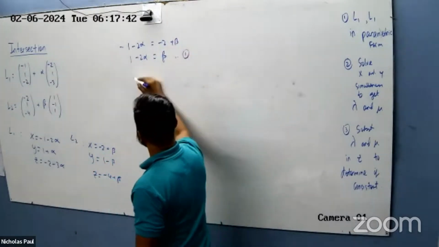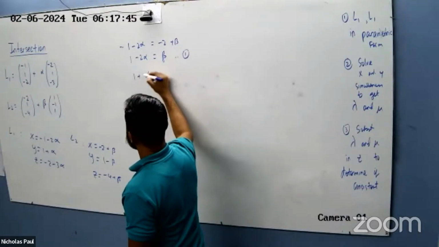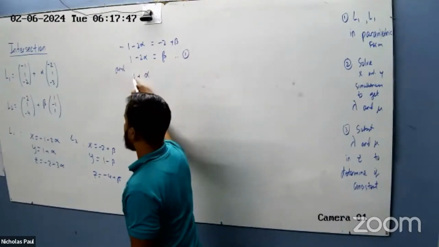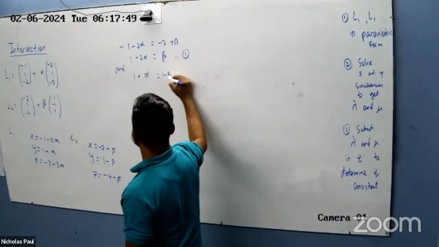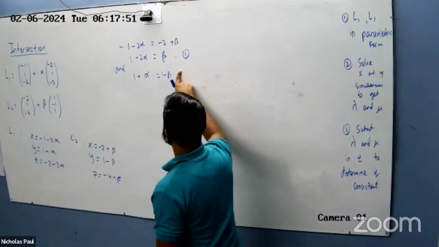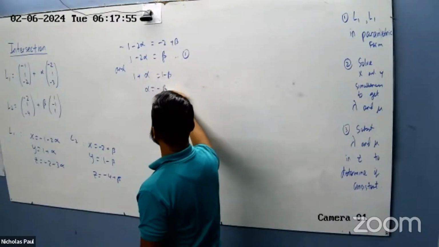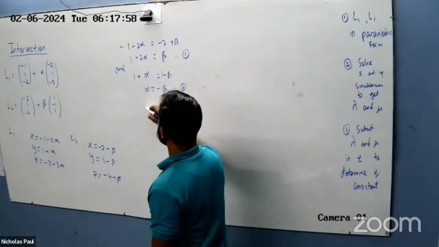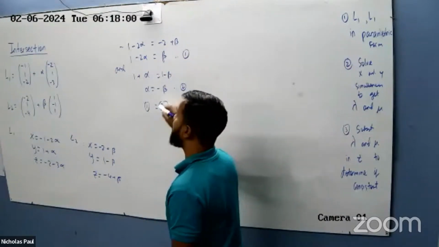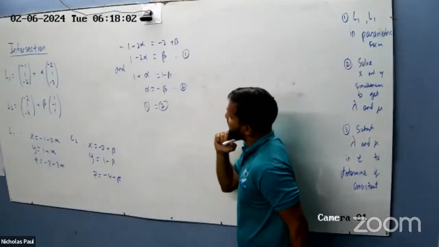Do the same thing here. 1 plus alpha is equal to 1 minus beta. 1 will cancel, so you'll get alpha is minus beta. So substitute 1 into 2.